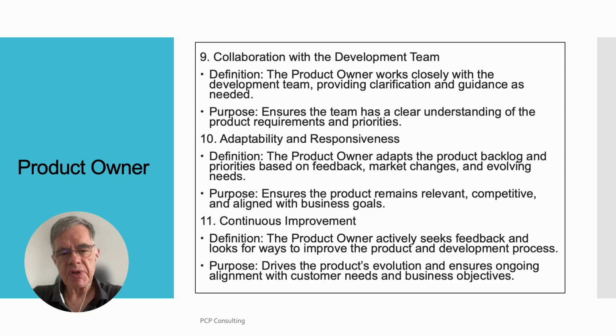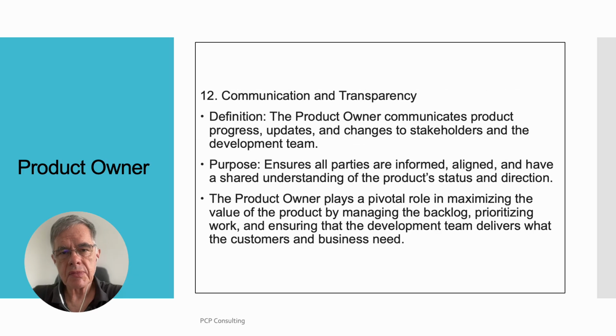Continuous improvement. The product owner actively seeks feedback and looks for ways to improve the product and development process, drives the product's evolution, and ensures ongoing alignment with customer needs and business objectives. Communication and transparency.